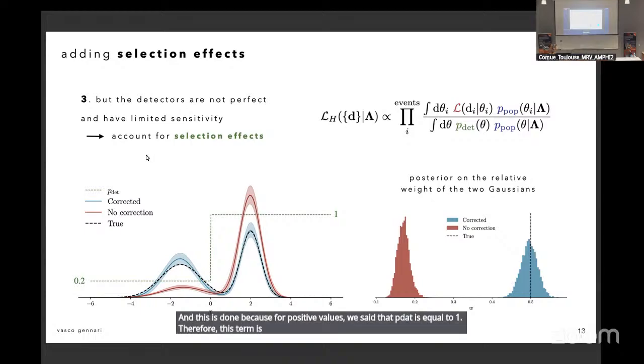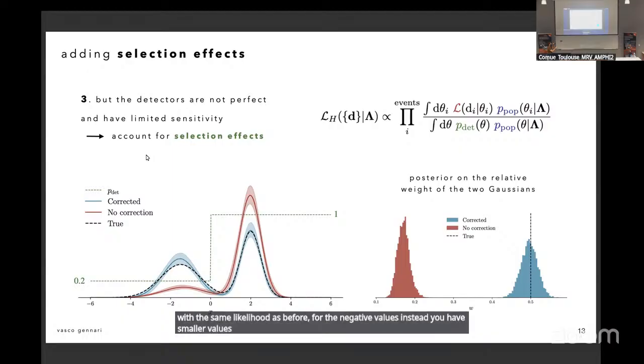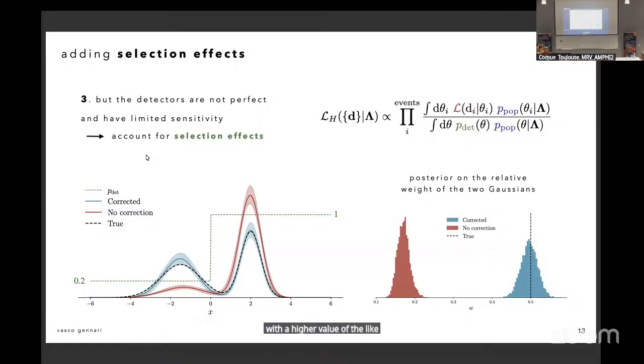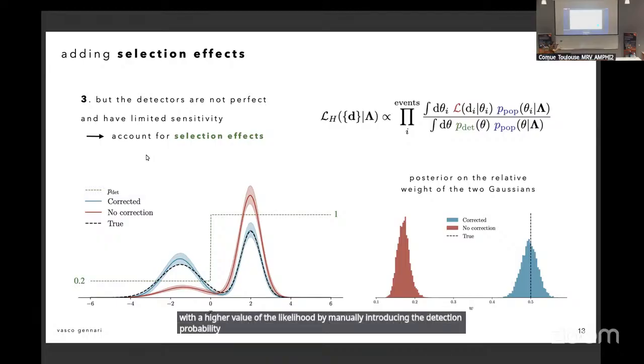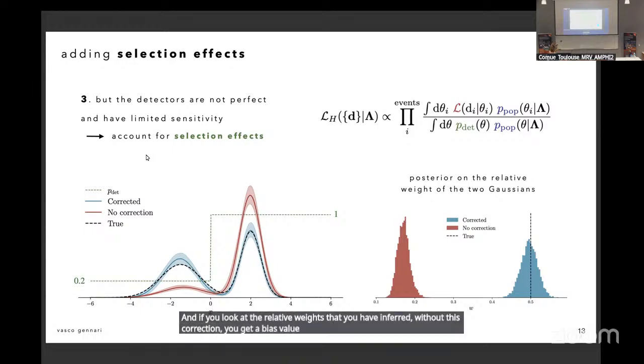The population distribution is normalized, so the whole integral basically doesn't contribute to the likelihood, and you end up with the same likelihood as before. For the negative values, instead, you have smaller values, which makes the denominator smaller, and therefore you're compensating with a higher value of the likelihood by manually introducing the detection probability. And if you look at the relative weights that you have inferred, without this correction you get a biased value, and with the correction you get a proper one.